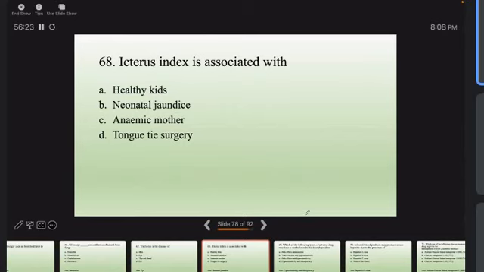Any idea? Raj Lakshmi has answered neonatal jaundice. Any other answers? D, tongue-tie surgery.